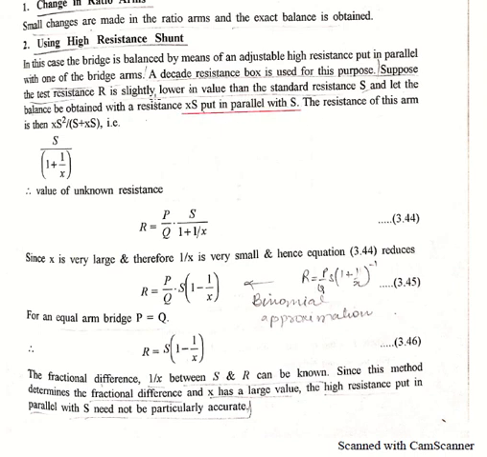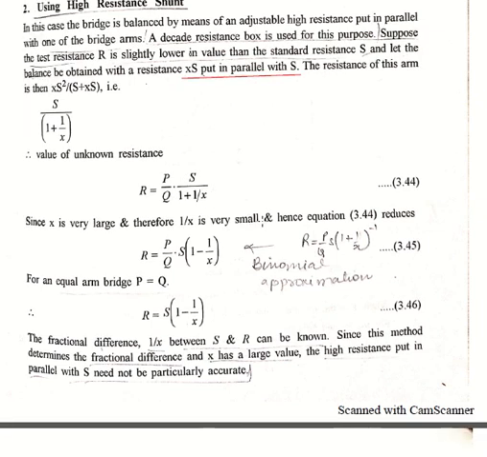The equivalent of arm S comes out to be S divided by 1 plus 1 divided by X. So the value of the unknown resistance will be equal to P by Q times S. In the previous case we took S, but now our S turns out to be S divided by 1 plus 1 by X. Since X is a very large resistance, 1 by X is very small, hence the equation 3.44 reduces to R equals P by Q multiplied by S in brackets 1 minus 1 by X. This is from the binomial approximation, as 1 by X is very small.